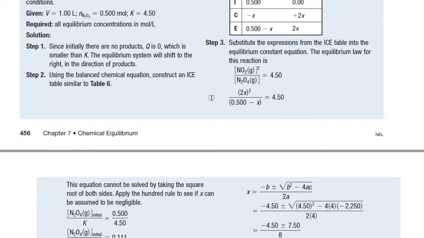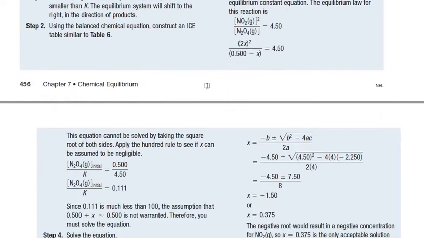That's the equation. Now we need to see if we can apply the 100 rule. The initial concentration of N2O4, 0.5, divided by K, which is 4.5, is 0.111, and that's much less than 100. So the assumption that 0.5 minus x equals 0.5 is not correct. Therefore we must solve the equation, and we cannot approximate it.